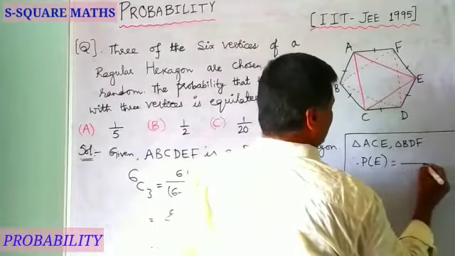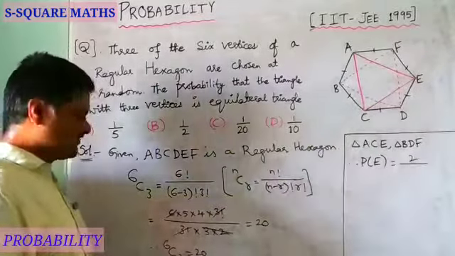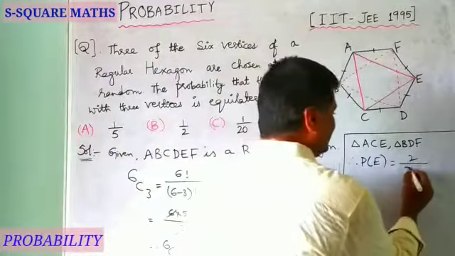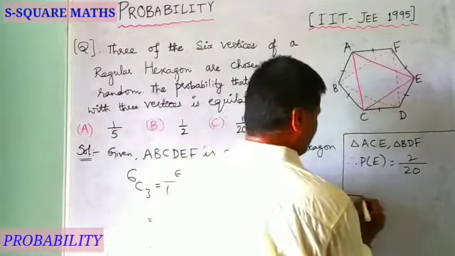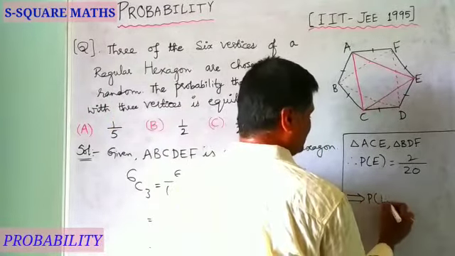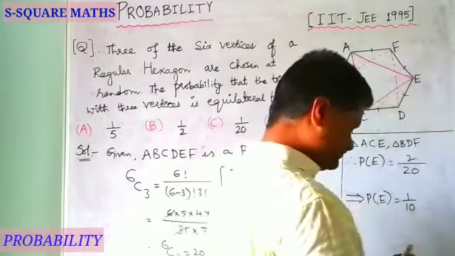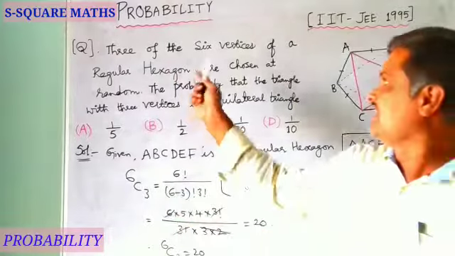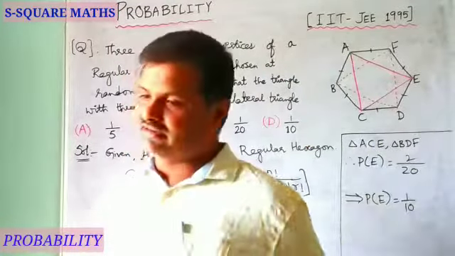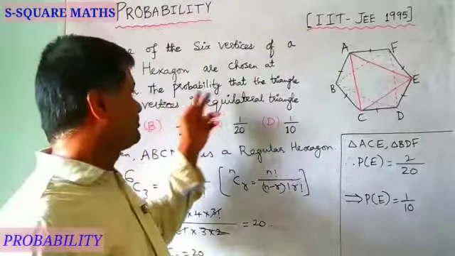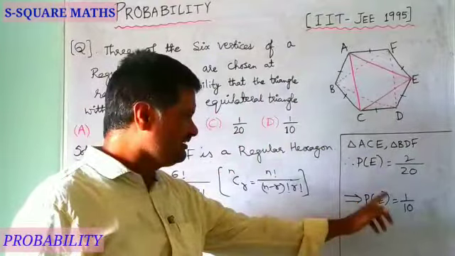So 2 will act as the numerator and this 20 will act as the denominator, according to the definition of probability. So P of E is now 1 by 10. So if 3 of the 6 vertices of a regular hexagon are chosen at random, then the probability that the triangle with the 3 vertices is equilateral is 1 by 10.